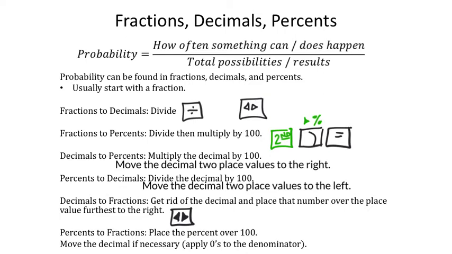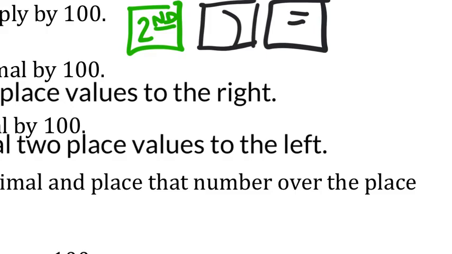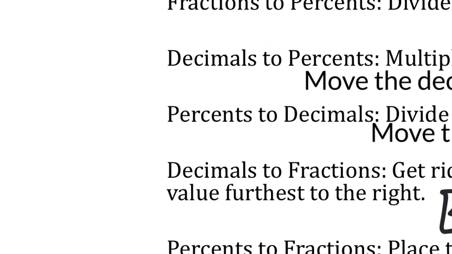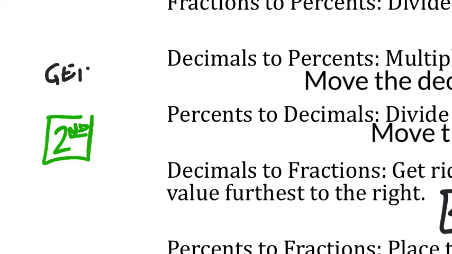Let's see, we also got percents to decimals. Well, it is possible that sometimes you could even type in a percent. If you wanted to type in a percent, then what you've got to do is type the number that you want, and then push the second button. And again, this is to get a percent on the calculator.